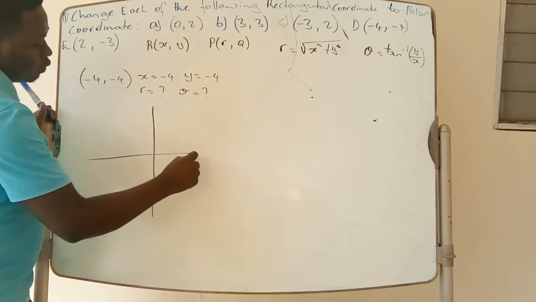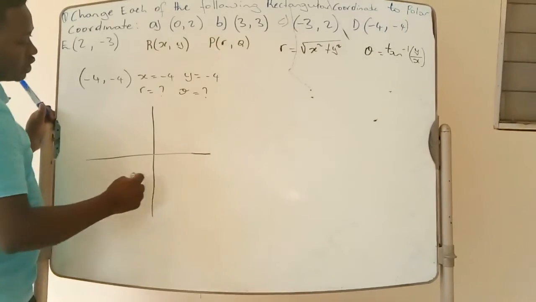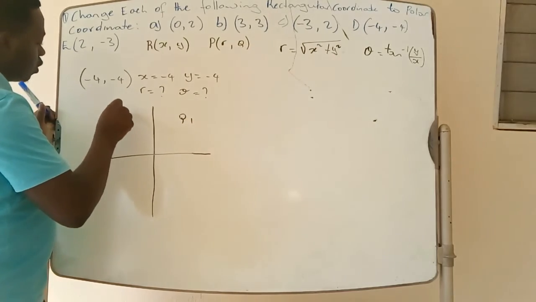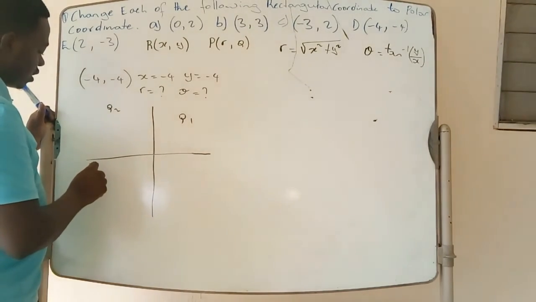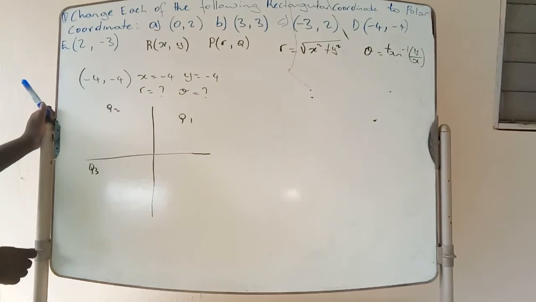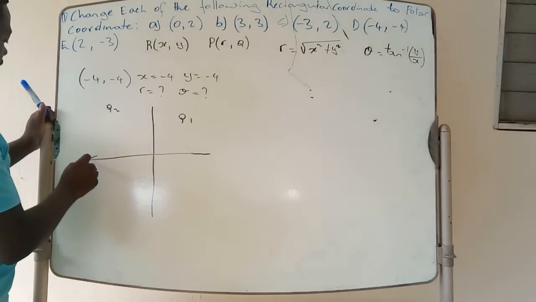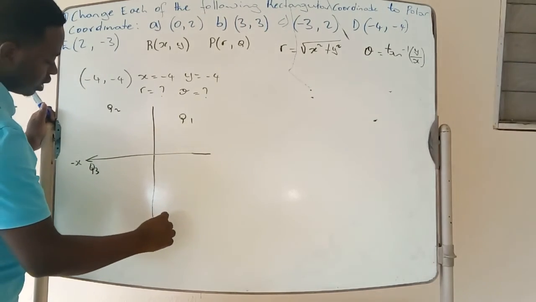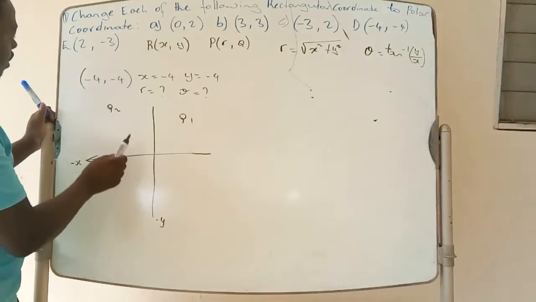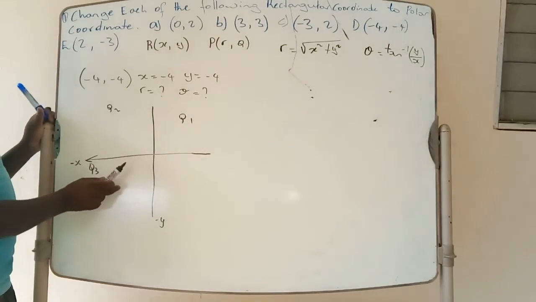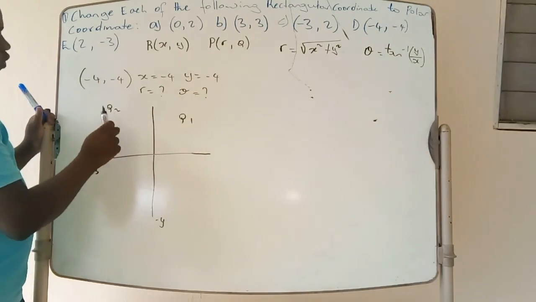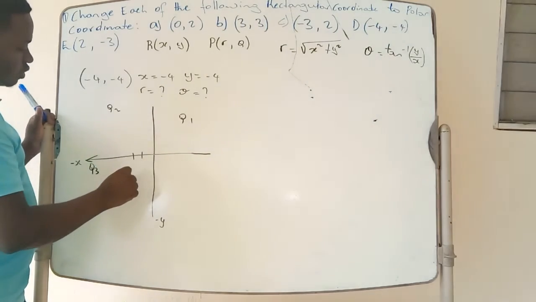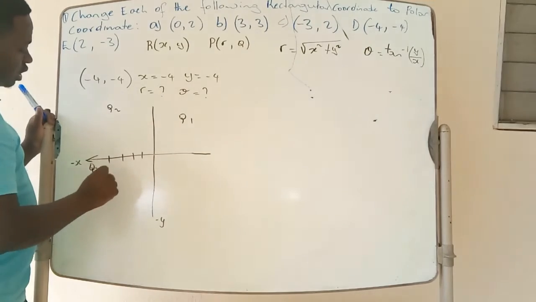These coordinates are going to be found in the third quadrant. So this is quadrant 1, this is quadrant 2, and this is quadrant 3. Minus x is right over here, and minus y is here, so this coordinate must fall in this quadrant. We go 4 across to the x: -1, -2, -3, -4.